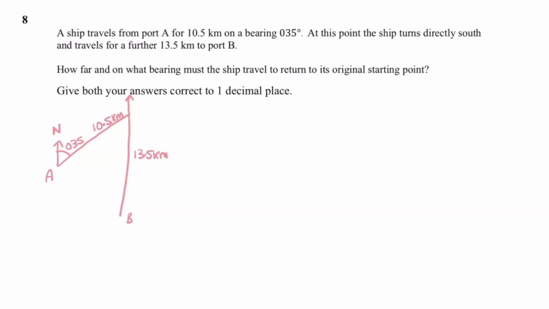So what we're trying to work out is that distance and that bearing. So that's my diagram of the story and my understanding of what it is I'm trying to achieve. I'm now going to redraw the triangle that I've created without quite so much busyness so that I can hopefully see a starting point.